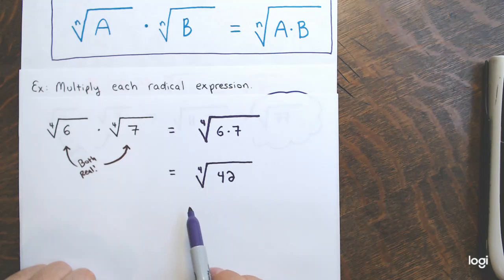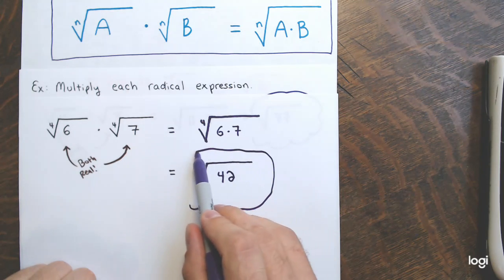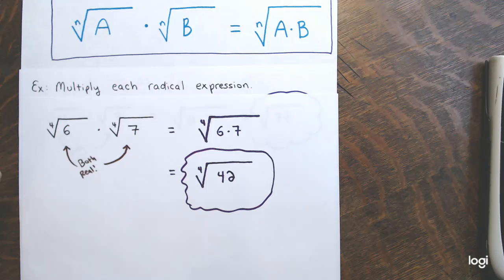And that's it. We'll talk about how to know when a radical is simplified in a future video very, very soon. But I'm just going to leave it like this for now, and this is simplified. I'm not going to say it isn't. We'll do that in a later video.